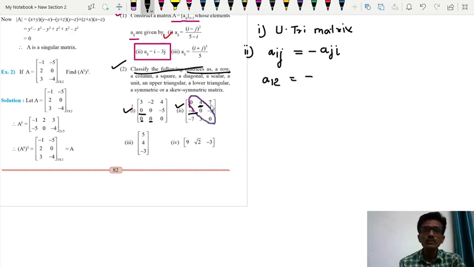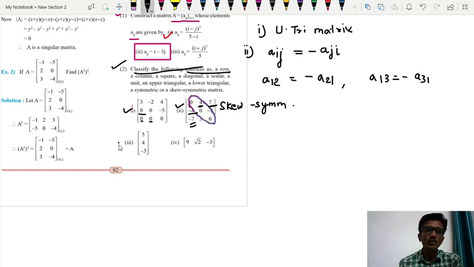A12 is 4 and A21 is minus 4. So they are equal in magnitude and opposite in sign. Similarly, you can observe that this is minus 7 and this is plus 7. A13 is equal to minus of A31 and so on. So therefore this matrix is a skew symmetric matrix.